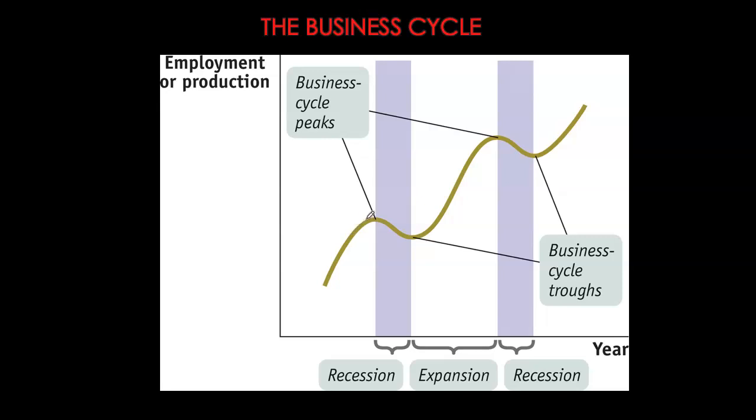It will keep on rising, reach a peak, and then turn into a downturn or a recession. So the point at which an economy changes from an expansion into a recession is called a business cycle peak, and the point at which the economy turns from a recession into a recovery or an expansion is called a business cycle trough.